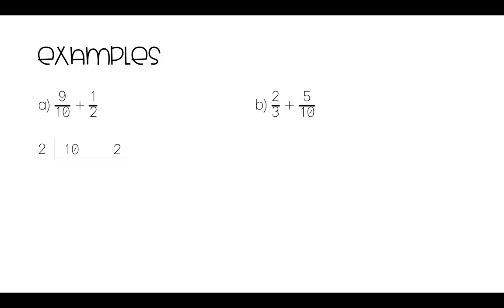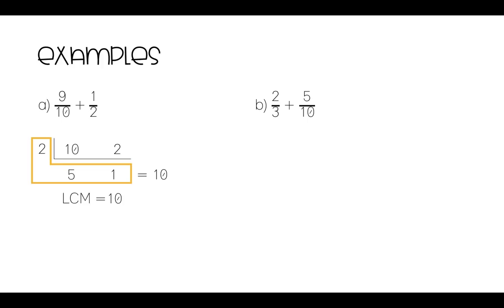Now 2 goes into 10 5 times and into 2 once. So again, we're going to multiply these three numbers together, and 2 times 5 is 10, and 10 times 1 is 10. Now, we get the lowest common multiple of 10. Sometimes the denominator of one of them can be multiplied to equal the denominator of the second one, but that's not always the case, as we'll see in our next example.